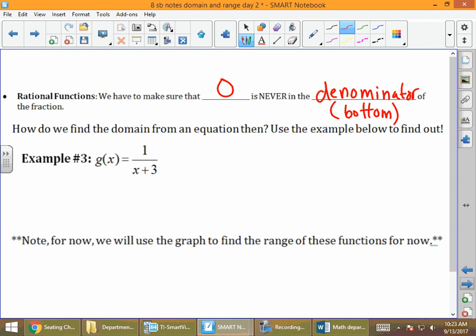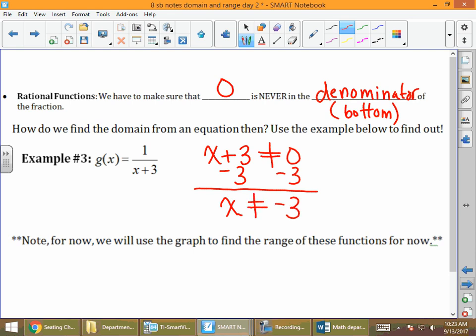And how we find the domain of a rational function is we take the denominator, the bottom of the fraction, and we set it not equal to 0. Then we solve that, subtract 3 from both sides, and we get x doesn't equal negative 3.